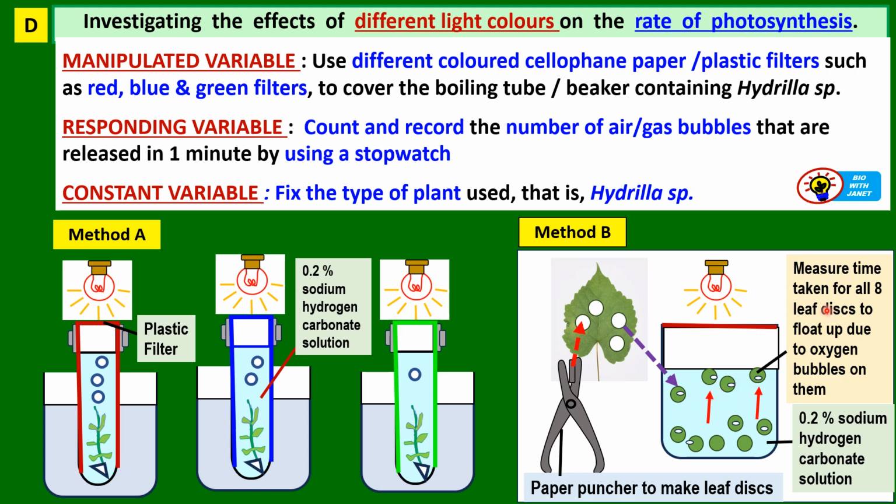It's the time taken for all the 8 leaf discs to float to the surface. Then your constant variable is the same as for the previous experiment. The concentration of sodium hydrogen carbonate must be kept constant to keep the concentration of carbon dioxide constant. So fix the concentration of sodium hydrogen carbonate at 0.2%. There must be a value.